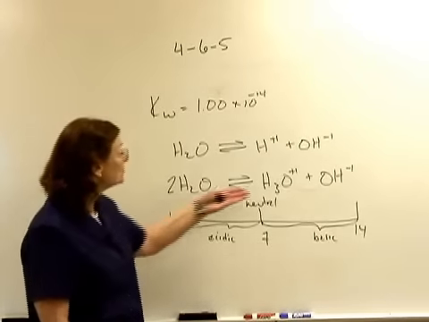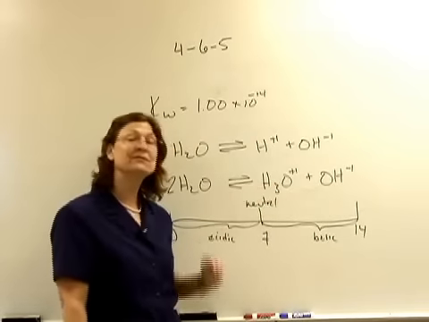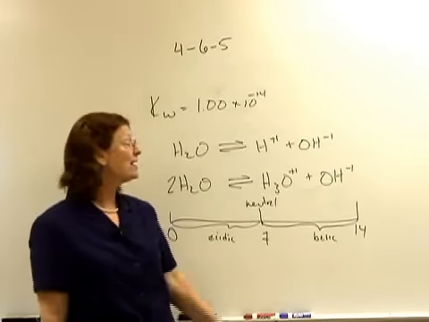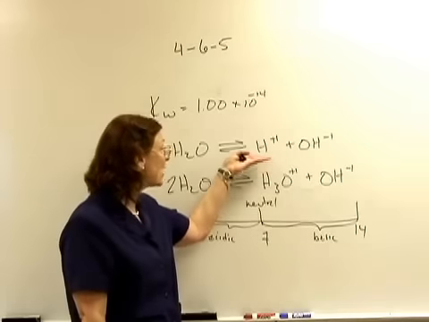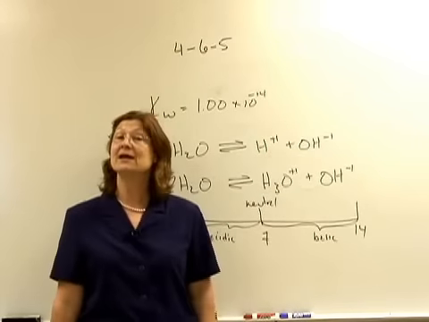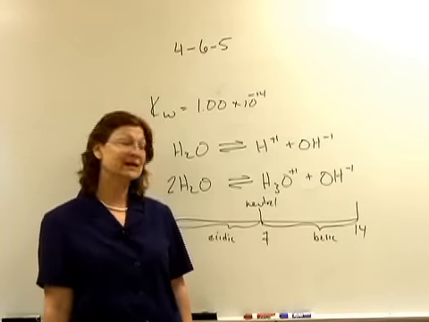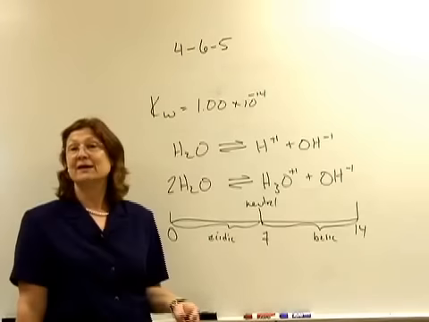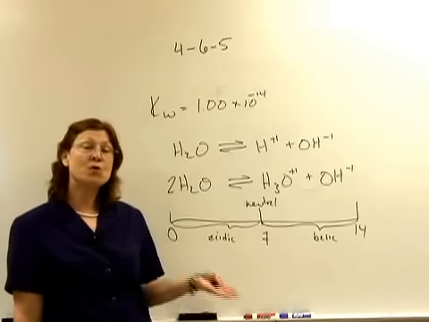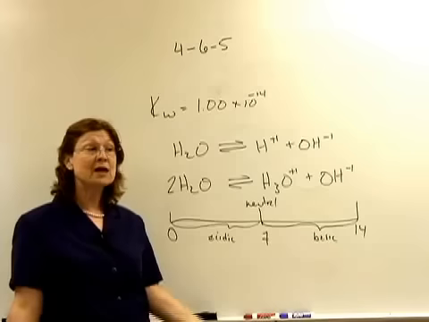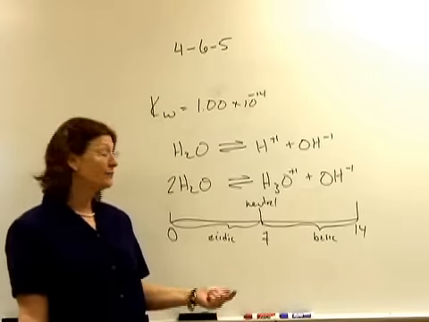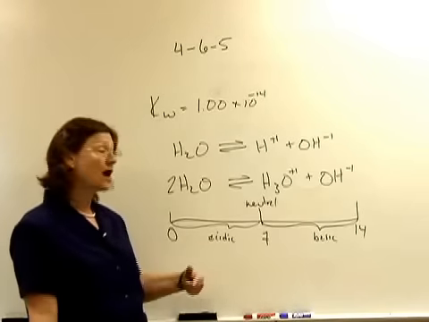When we have more hydroxides than hydrogens, then the solution is basic. If we have more hydroniums or hydrogen ions than hydroxide, then the solution is acidic. Acidic things are like fruit juices, orange juice, lemon juice, vinegar. Those are some of our acids.